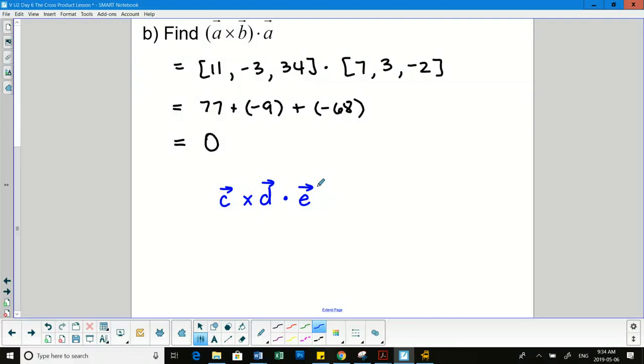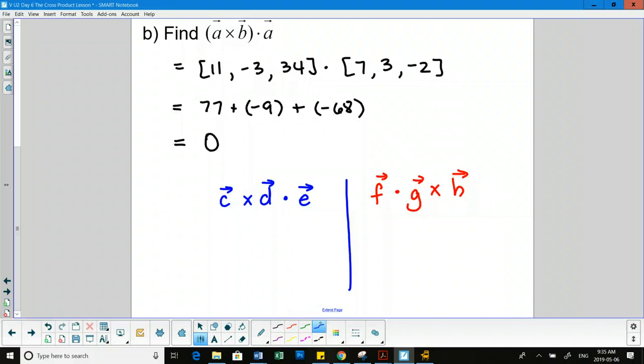Is it just left to right? It's not left to right. These are both a type of multiplication between vectors, so there's a certain thing I have to do first in both of these examples.